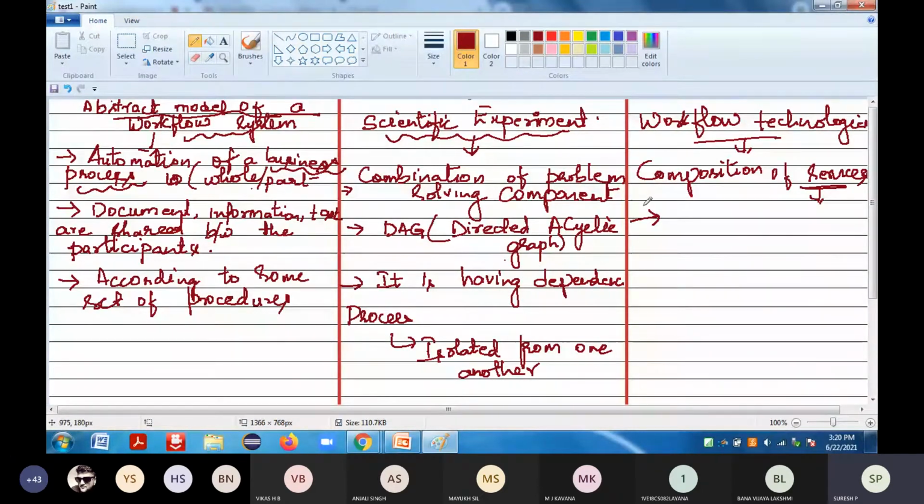To achieve that, we should have some specific existing languages which will be used for that specific purpose. We are going to make use of that specific language and use the workflow technologies.